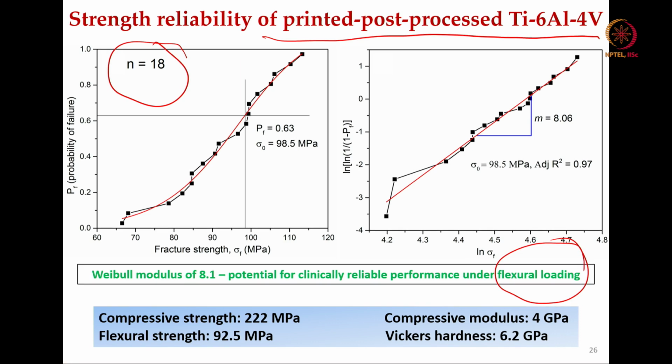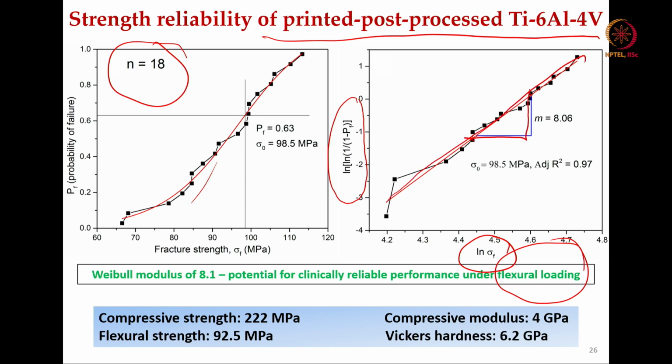If you plot this probability of failure against fracture strength, it shows this kind of curve, but if you take the double logarithm of 1 by 1 minus Pf, where Pf is the failure probability, and plot as a function of the fracture strength, you get almost a linear variation.